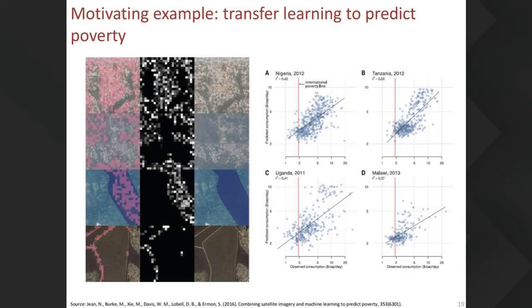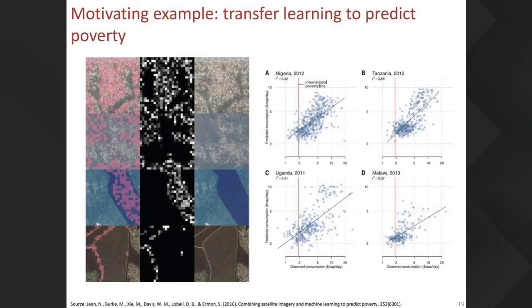But these authors did something pretty clever. They trained their model to predict nighttime lights imagery, but then they used the types of things that the model automatically learns for the task of predicting poverty. They had data sets that were more coarse and not as easily available everywhere as this nighttime lights imagery.